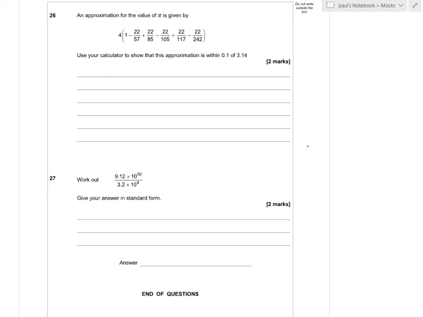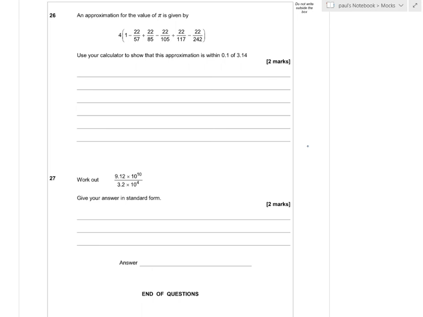I don't know. 1 minus 22 divided by 57 equals, minus 22 divided by 85 equals, minus 22 divided by... I should have done 1 minus... how am I going to do this?